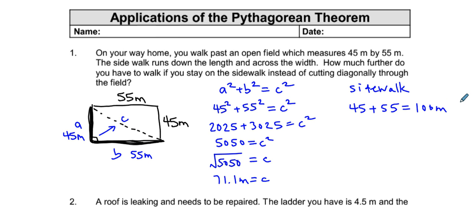My units are meters. The question says, how much further do you have to walk? So in order to find how much further I have to walk, I have to find the difference between the sidewalk measurement and the diagonal measurement. So I'm going to take 100 and subtract 71.1, and that gives me 28.9 meters.